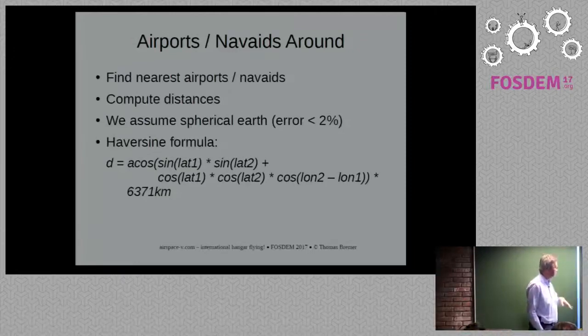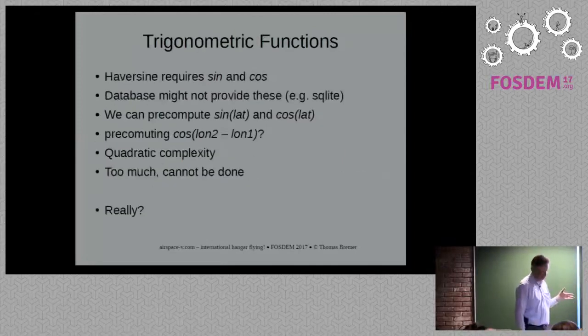There is this haversine formula, which I've copied here, which gives you the distance on Earth's surface from latitude and longitude. The point here is SQLite doesn't provide trigonometric functions, so you have to pre-compute the sine and cosine.